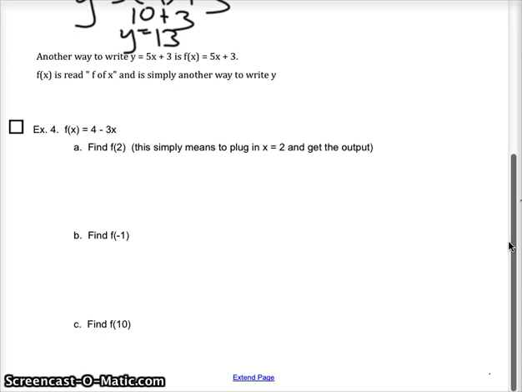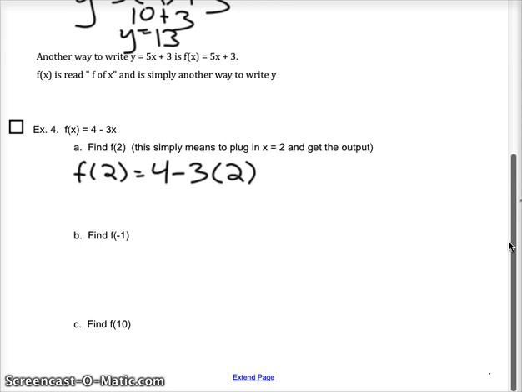So, in A, when I say find f of 2, all that means is plug 2 in for every x you see in that equation, and that'll get you the output. So f of 2 means I'm plugging in 2 wherever I see an x.